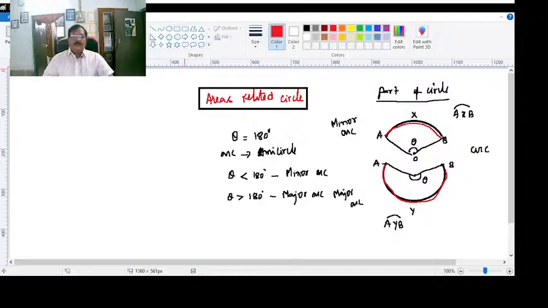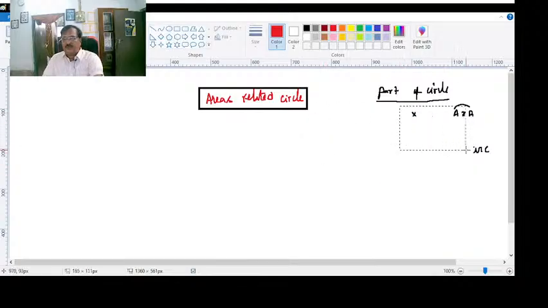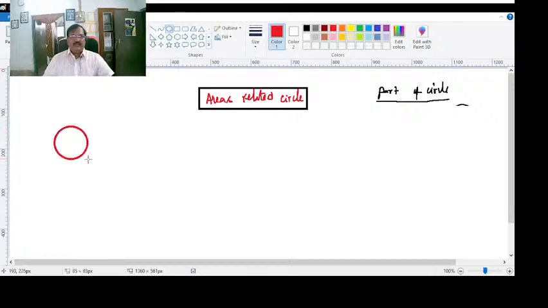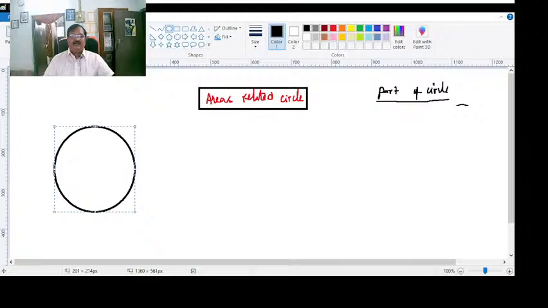So this is the first part of the circle. Let me go to few other parts also. Now I'll take here a circle. Now again I will divide it.